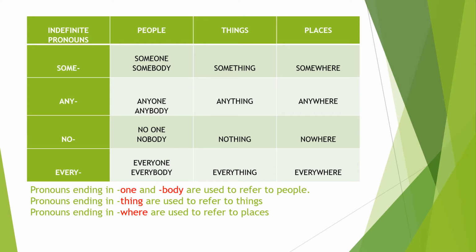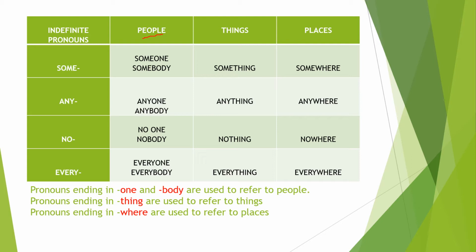So when we have one or body at the end of an indefinite pronoun, it means that we are talking about people. Then we can have those indefinite pronouns. Someone, somebody. These pronouns are always used in affirmative sentences.